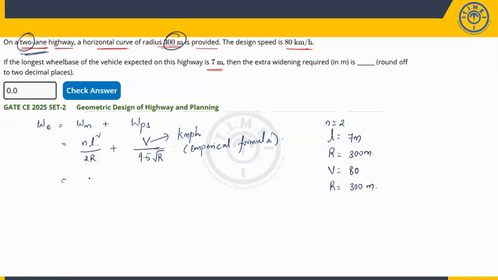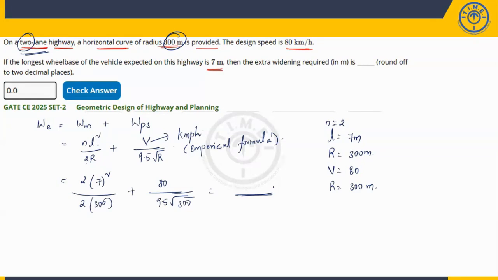So on substitution of these values in the formula, 2 into 7² upon 2 into 300, plus 80 upon 9.5 into root 300. Calculate and tell me the value of this extra widening, my dear students.